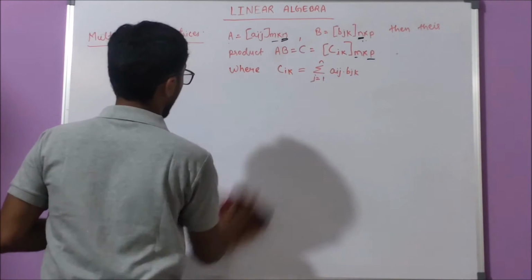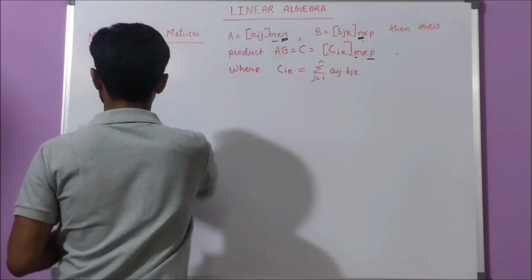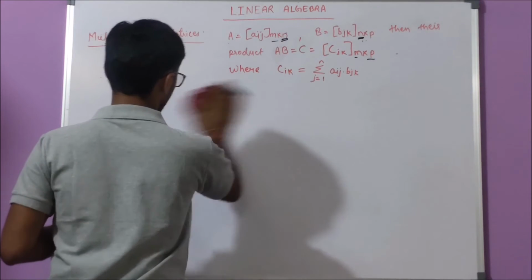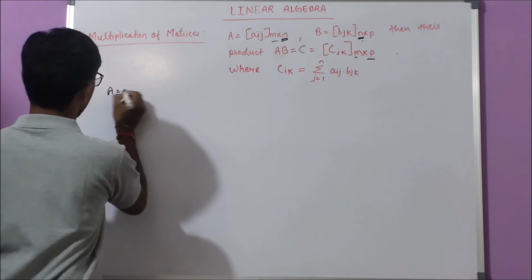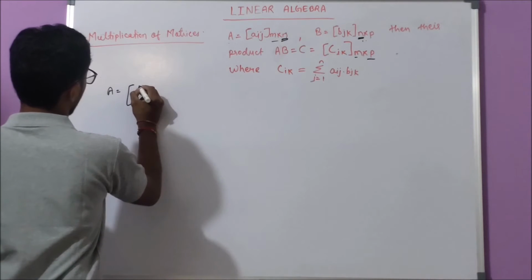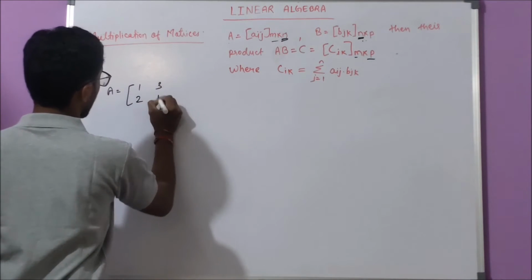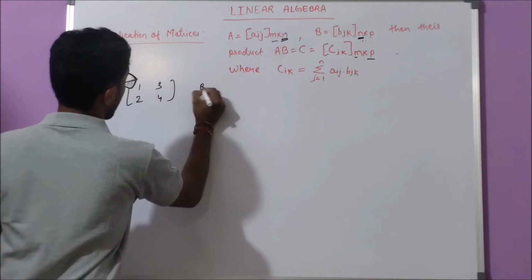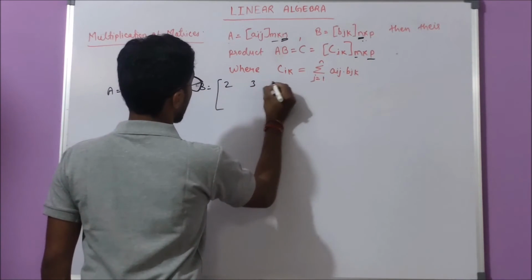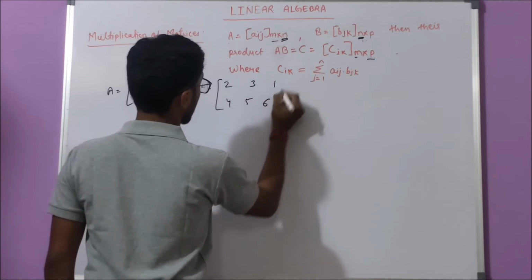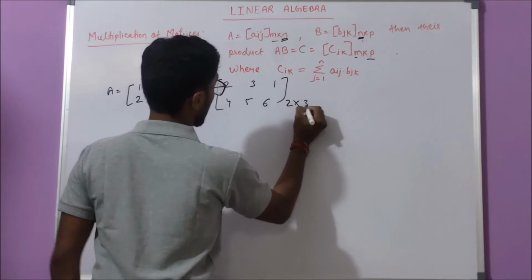Now we will take matrices of different sizes and see how to multiply them. A matrix is given which is 1 2 3 4. B is 2 3 1 4 5 6. It is 2 cross 3.